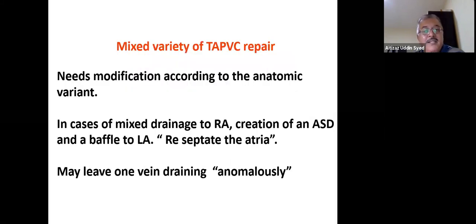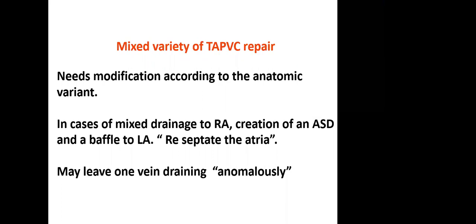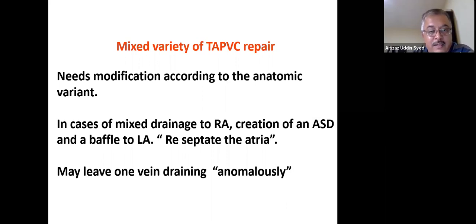In the mixed variety, you need more imaging and need to decide what you want to do. If only one vein is going anomalously somewhere, leave it alone. Don't make it a difficult operation for yourself. In some cases where two veins are going to the right atrium and the others are going to the coronary sinus, then you can reseptate the right atrium as well, make a PFO, whatever, but cut the septum and put a patch so that they baffle to the left atrium.